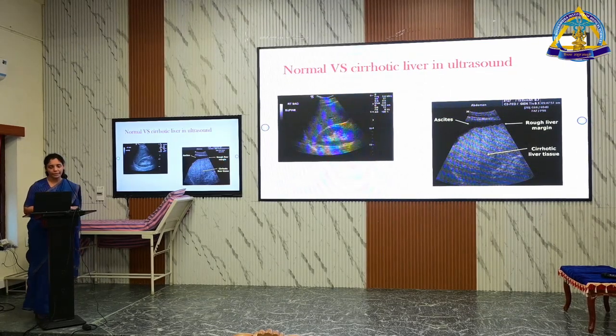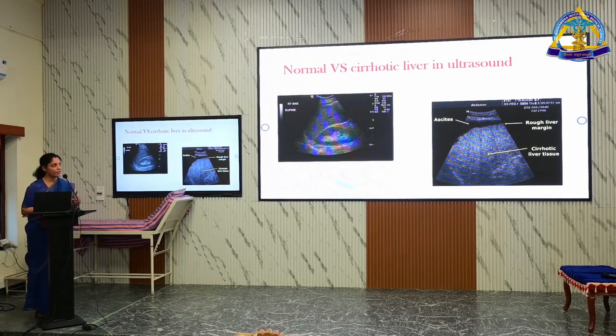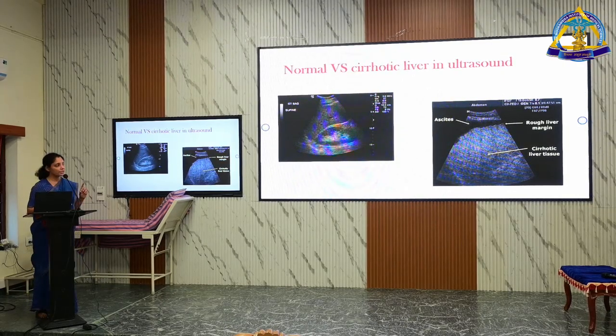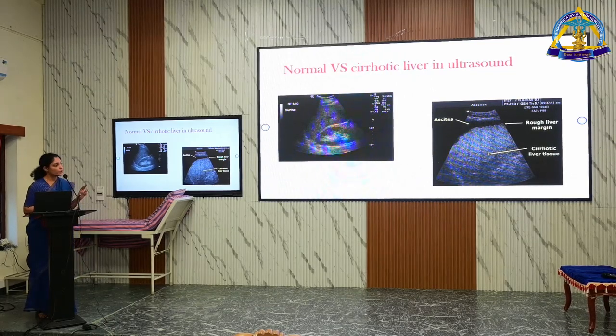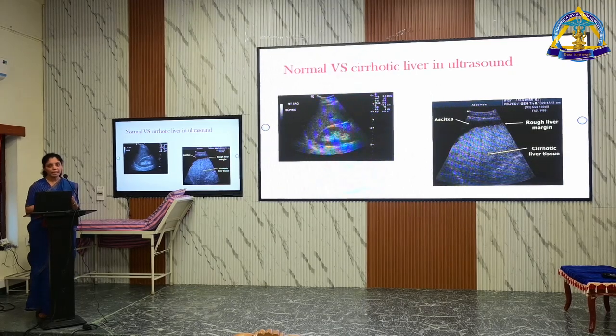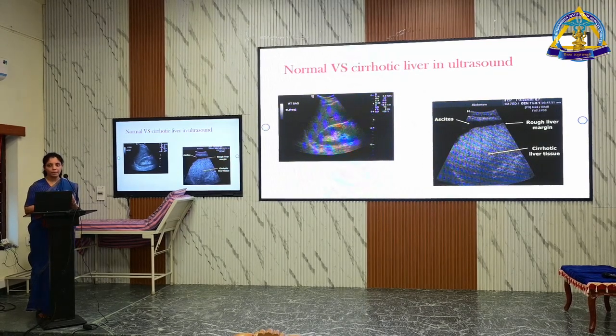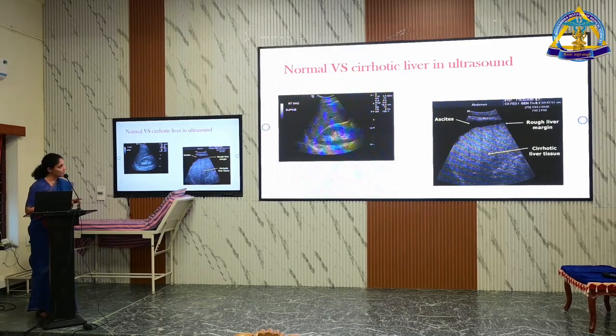And the portal vein flow we can measure with Doppler, and it will be less than 16. So that is how we define portal hypertension on ultrasound: by the portal vein diameter, by the splenomegaly, and by the portal vein flow.